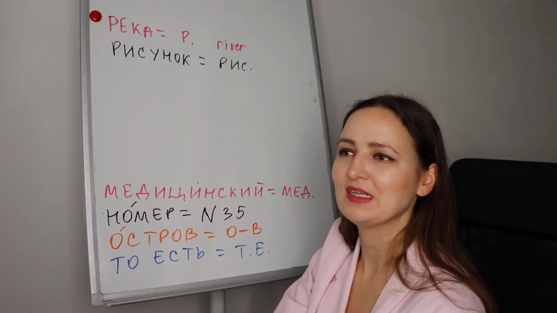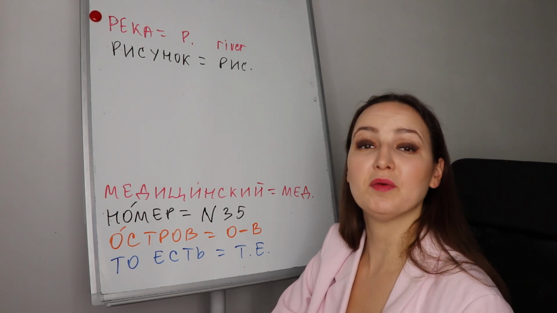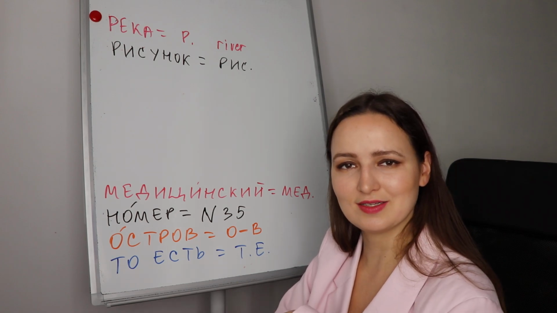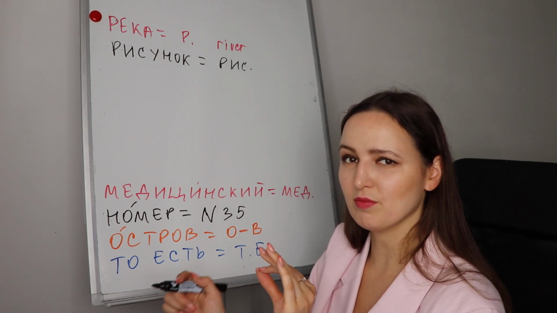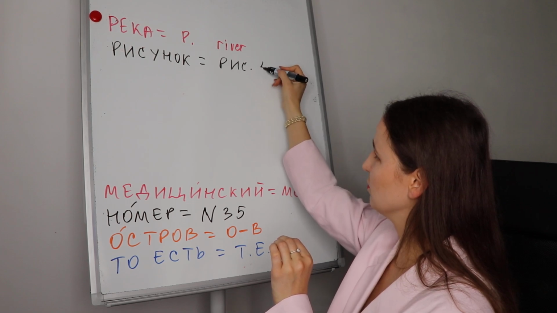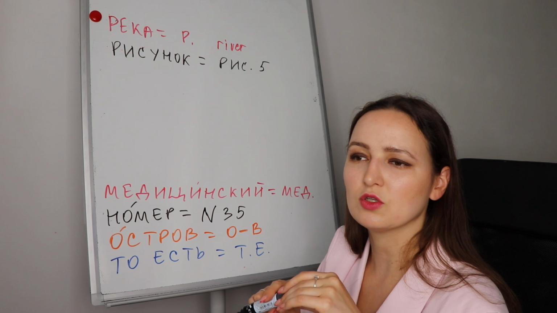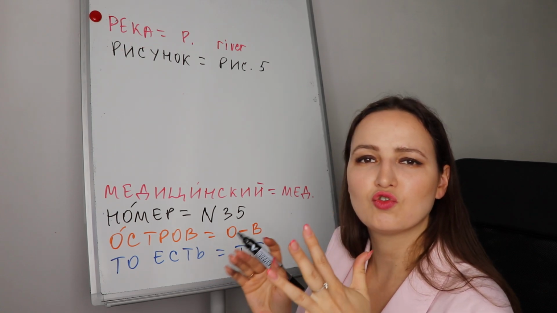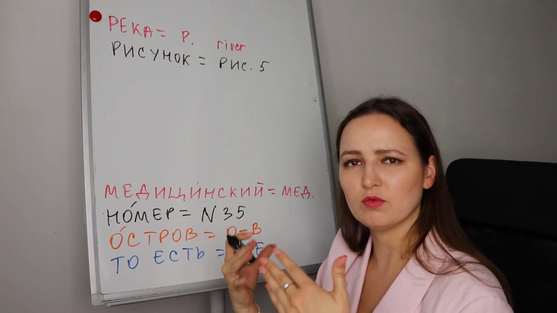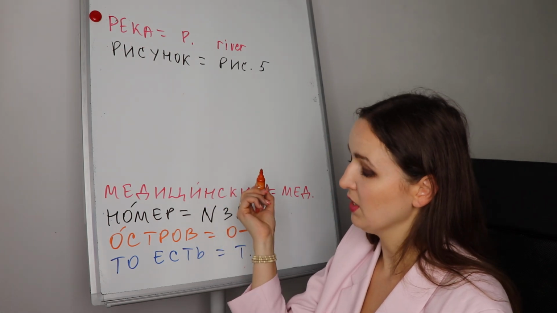Рисунок. For example, you have a textbook and there will be a picture that you have to see to understand something. In the text, they will mention рисунок, and a number. For example, 5. Рисунок 5. Рисунок номер 5. Picture drawing number 5. Look at it and you will understand what we are talking about here.